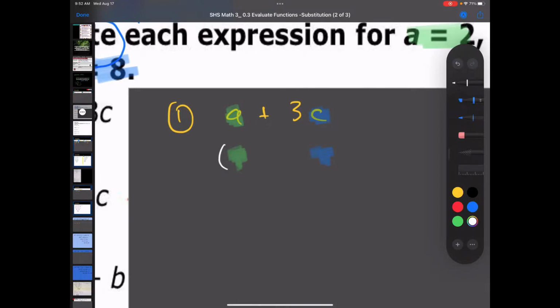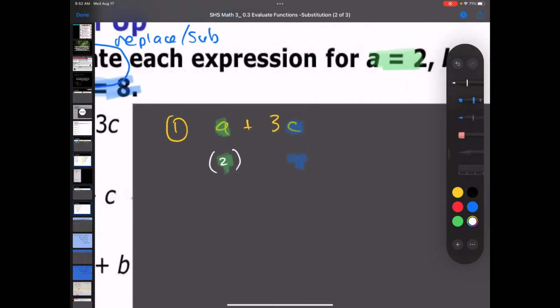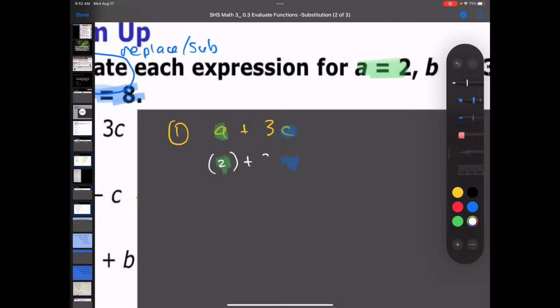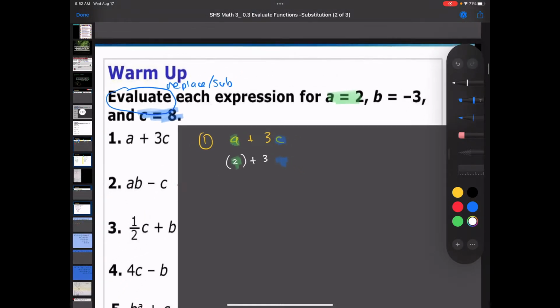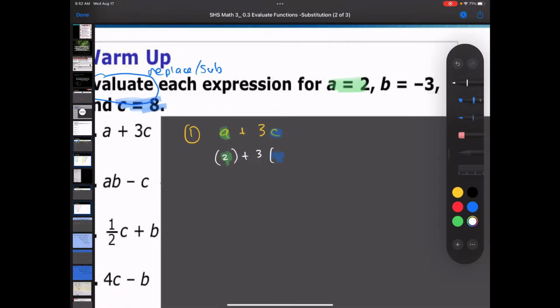Now pay attention, I'm putting it in parentheses. Everyone say parentheses. These grouping symbols help us with clarity. And then we have 3 times our c value, which is 8. I'm going to put an equal sign on the far left to show that the yellow line is equal to the white line.